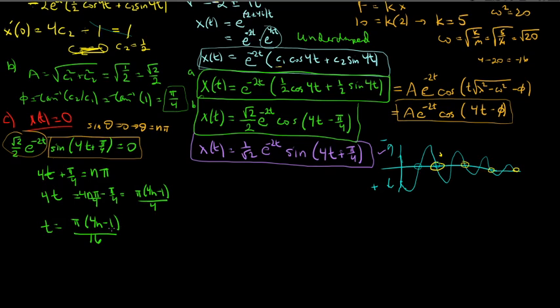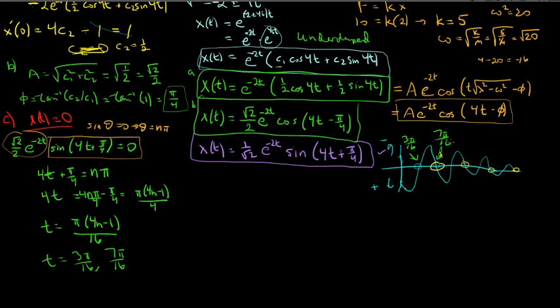So let's see, how can we take care of that? Maybe I should write out some of these terms here. We don't want t to be negative. So if n is 1, this is going to be 3 pi over 16. I think that's the first one here. But we want to skip that, so we want to go on to n is equal to 2. So that's 8 minus 1 is 7, 7 pi over 16. That's this one right here.